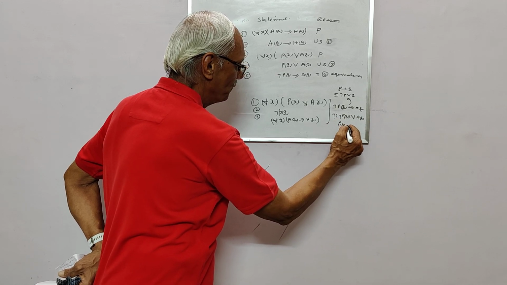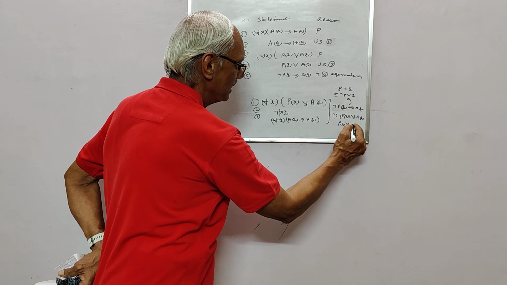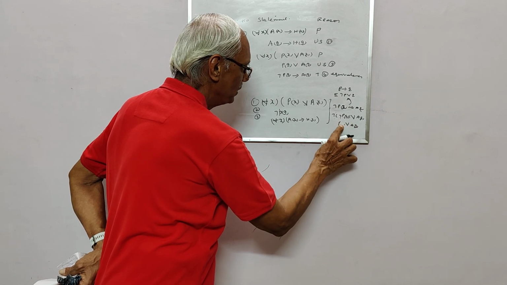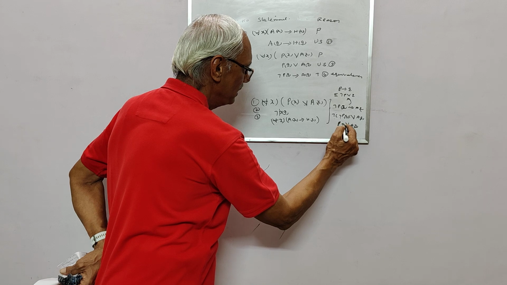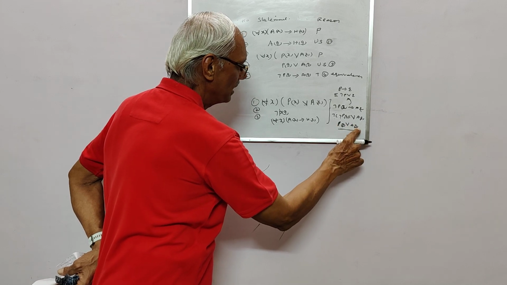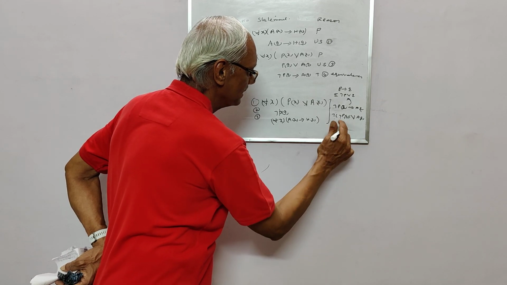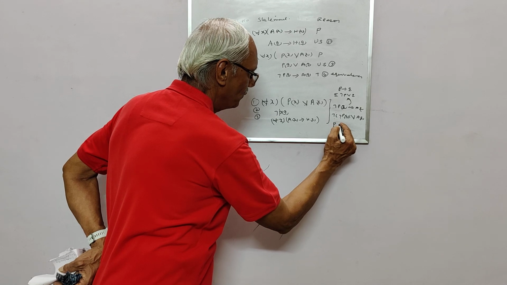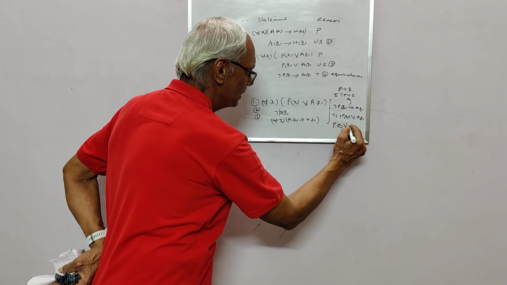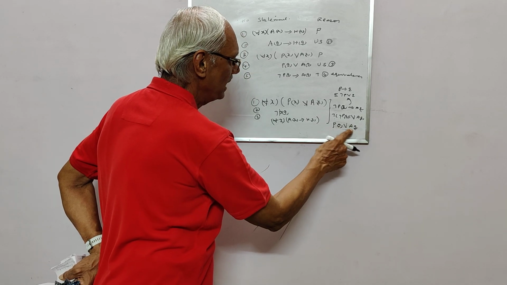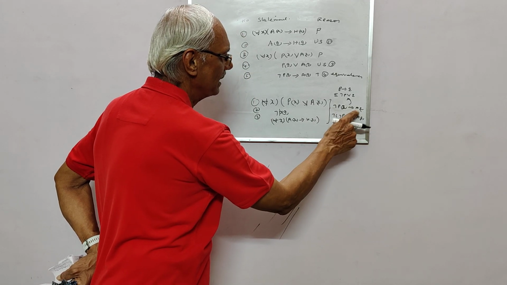So it is P of G disjunction A of G, and this can be written in this form.